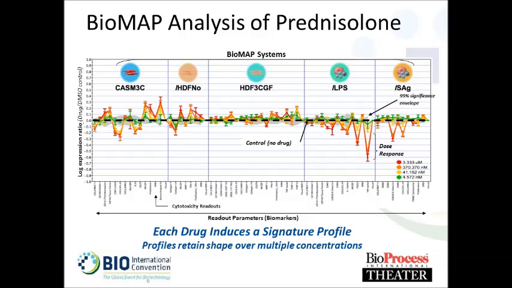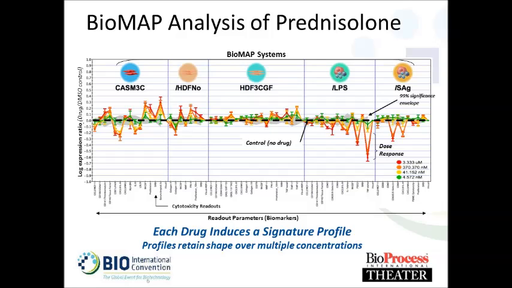So we normalize essentially our systems to a DMSO-treated set of cells, same cells and stimuli. Therefore, any increase or decrease above or below this horizontal dashed line are changes in biomarker responses specifically induced by the drug. This is an example again for Prednisolone. So we look also for activities that fall outside of that gray shaded area. Hopefully you can see that, this 99% significance envelope.